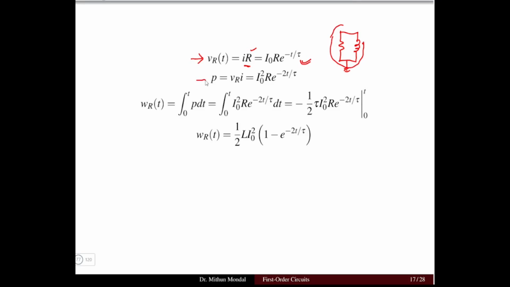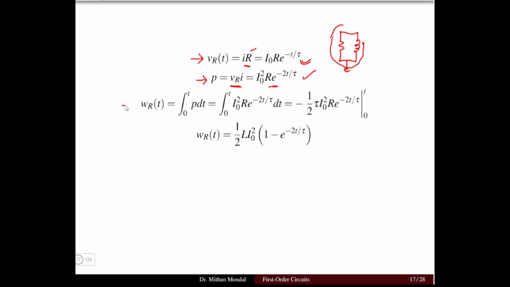Now talking about the power. Power is the product of voltage and current, and we have determined the voltage of the resistor. You multiply that with the current equation that we have got. So the power equation is I naught square into R multiplied with e to the power minus 2t by tau.